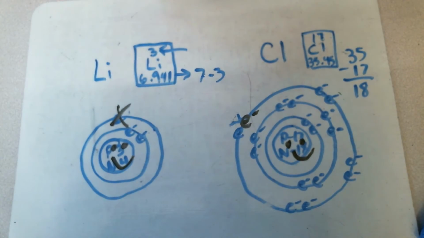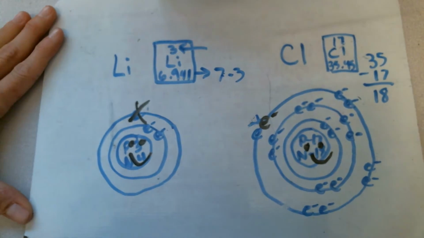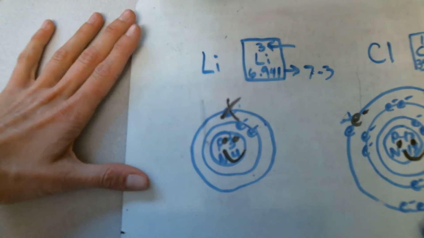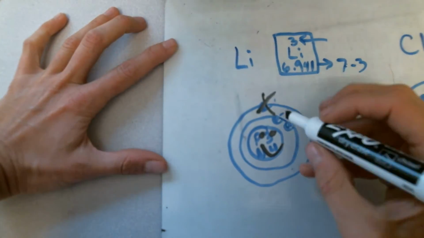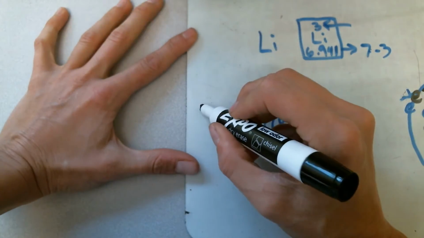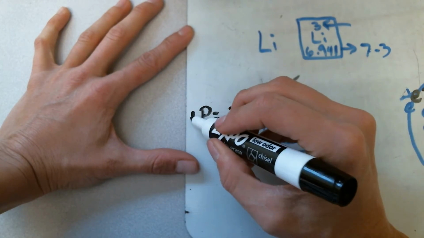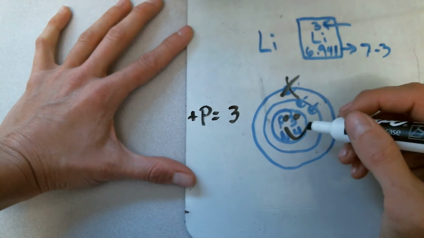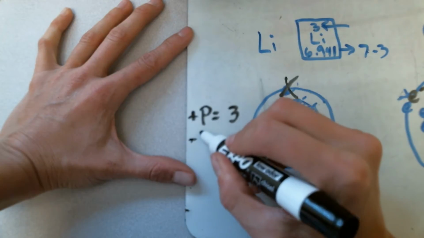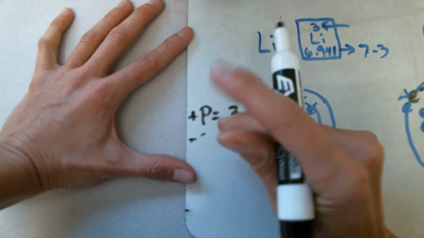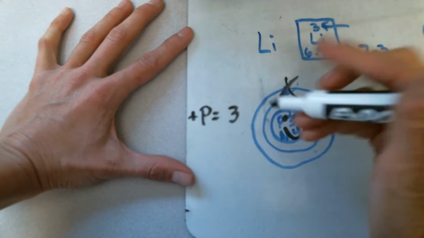And now that we have this, let's look at the charge on each of these atoms. So if we look at how many protons we have now, we still have 3 protons, right? If you remember, protons have a positive charge. Neutrons have a neutral charge, so they're not going to affect it.